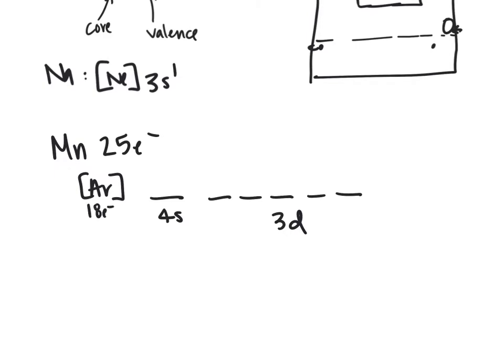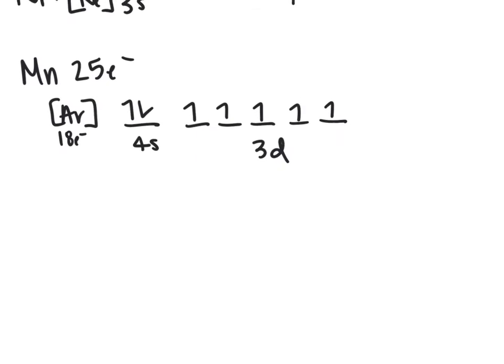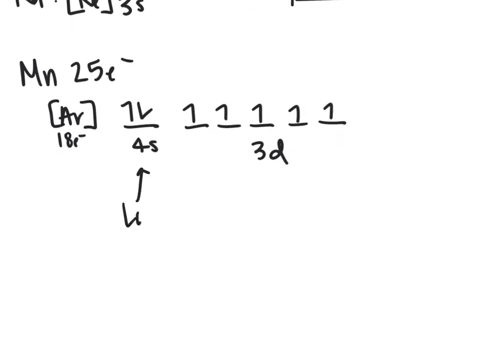So that leaves 7 leftover. So they would look like this, to where 2 in the s orbitals and 5 in the 3d. So it turns out that the 4s is lower in energy than the 3d. And so it will be filled first.